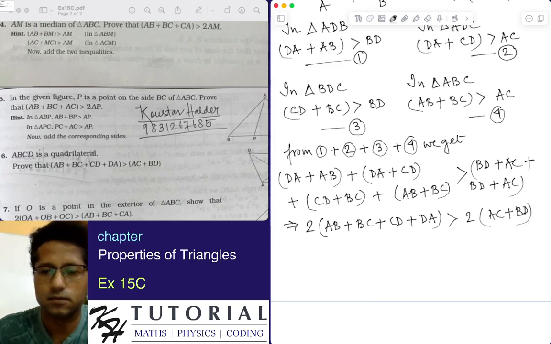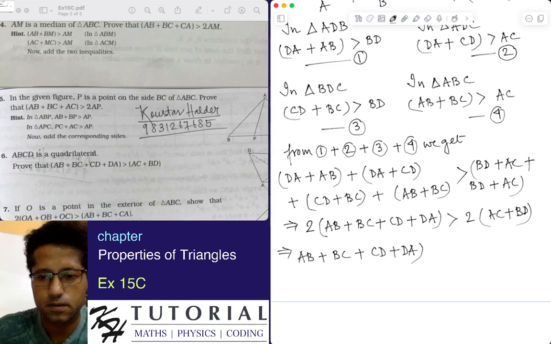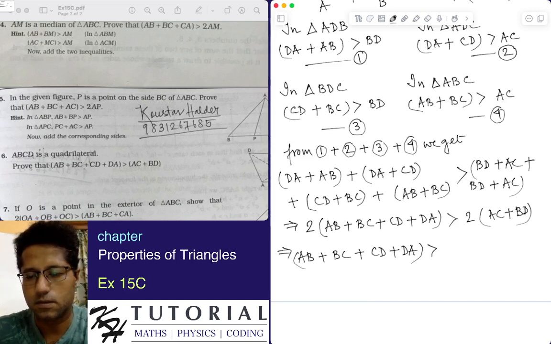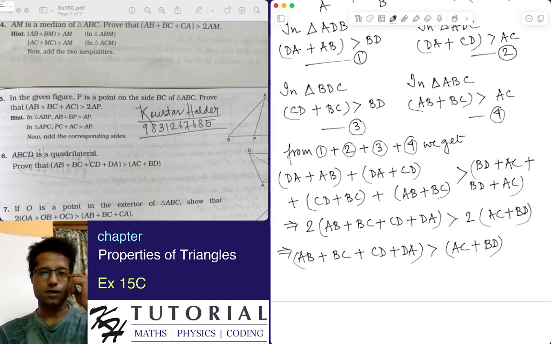We can cancel the 2 from both sides and we get AB plus BC plus CD plus DA is greater than AC plus BD, and this is what we were asked to prove.